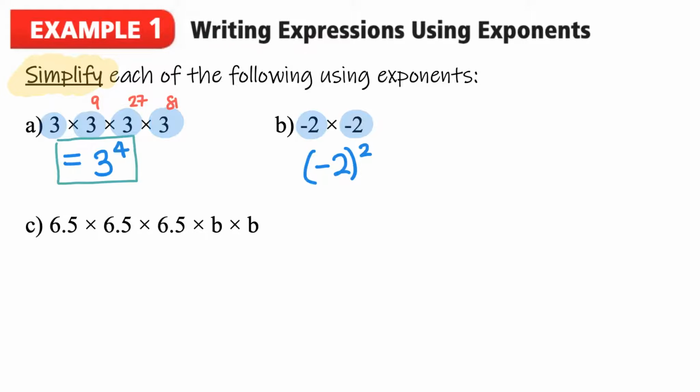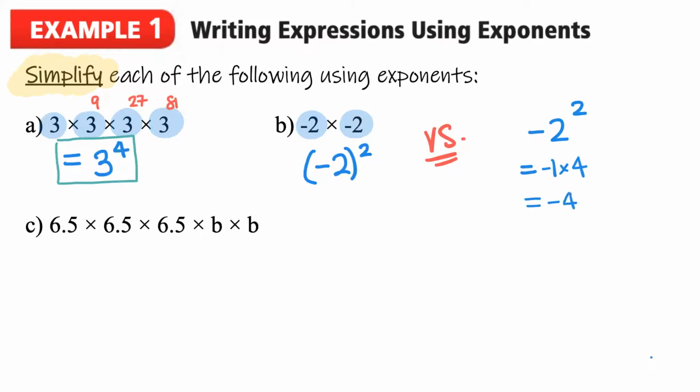So look what happens when we just write negative 2 to the power of 2 without the parentheses. If we were to evaluate this, I would have to do PEMDAS rules, which tells me I have to do the exponent first. So I would do 2 to the power of 2, which is 4, and then I would have to multiply it with the negative in the front. So that would be 4 times negative 1, which is negative 4.